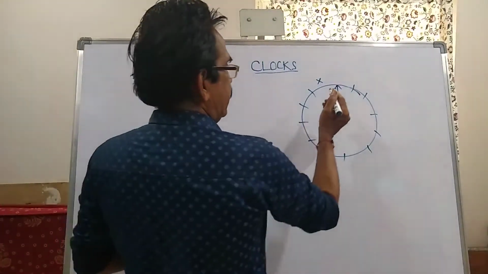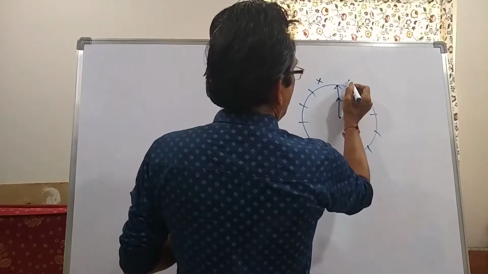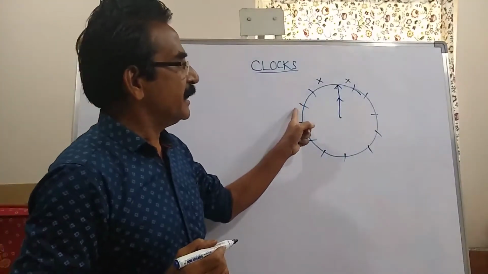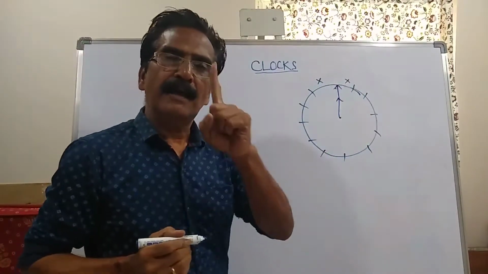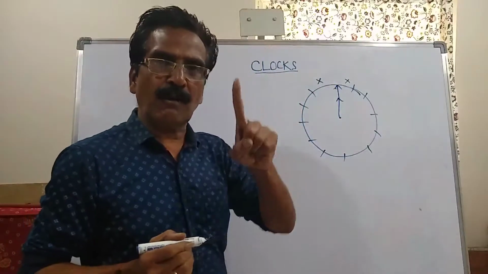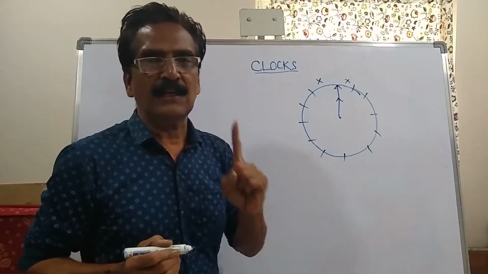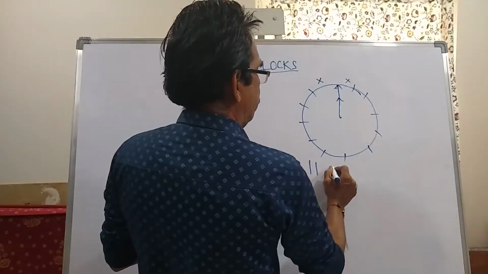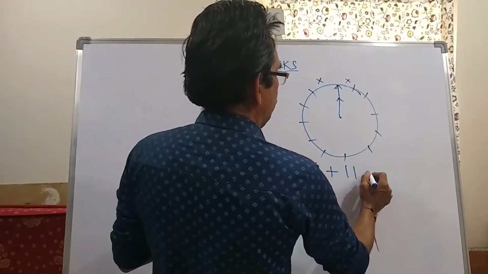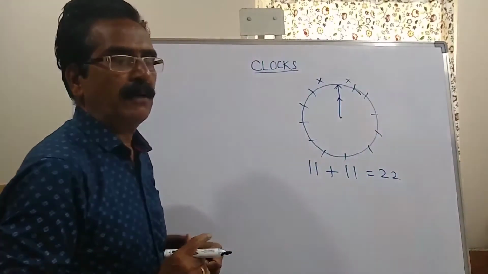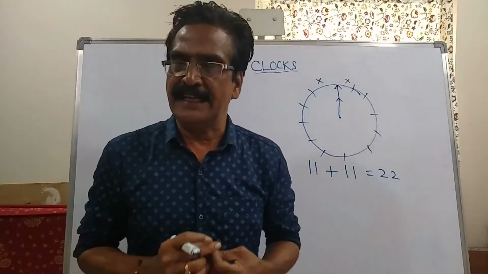And in the same way, between 12 and 1, hands will not coincide. So, in the remaining 10 gaps, hands will coincide. That is 10 times. Plus, at 12 o'clock, hands will coincide. Total 11 times. Daytime 11 times plus nighttime 11 times. 11 plus 11, 22 times, hands will coincide in a day.